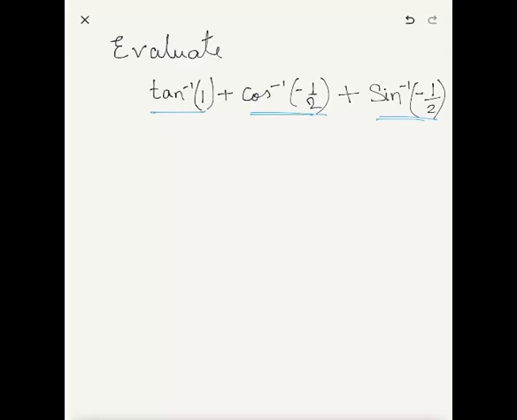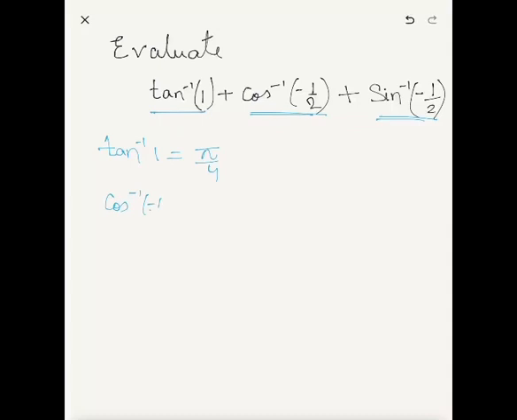Okay, let me solve it one by one. Tan inverse 1 is equal to pi by 4, isn't it? At pi by 4 you will be getting 1. Cos inverse range is 0 to pi, close bracket, so your value should be from 0 to pi only.